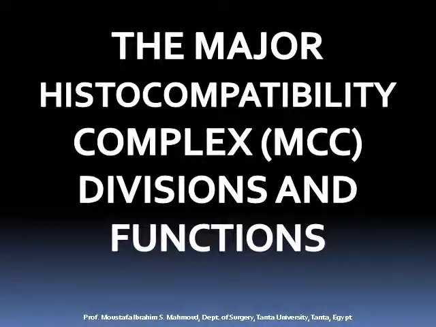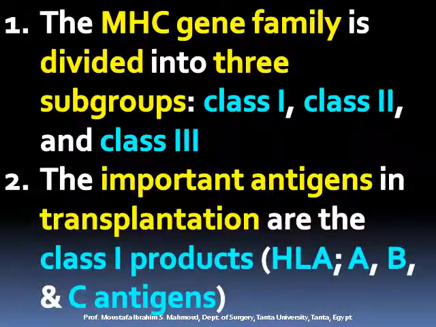The major histocompatibility complex divisions and functions. The MHC gene family is divided into three subgroups, class 1, class 2, and class 3. The important antigens in transplantation are the class 1 products, HLA-A, B, and C antigens.